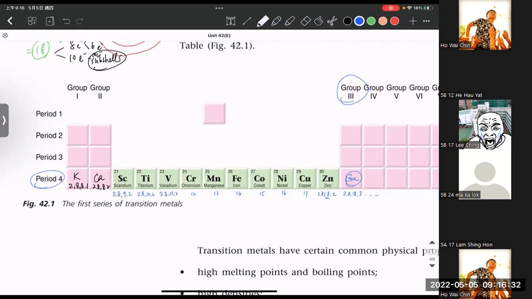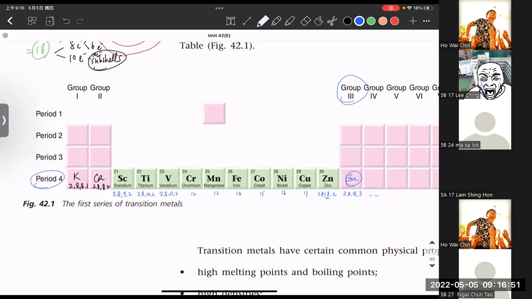But indeed, the filling of the electrons should be done in the inner shell instead of the 4th shell. Any questions so far? Do you understand? All of you do understand what is happening, right?